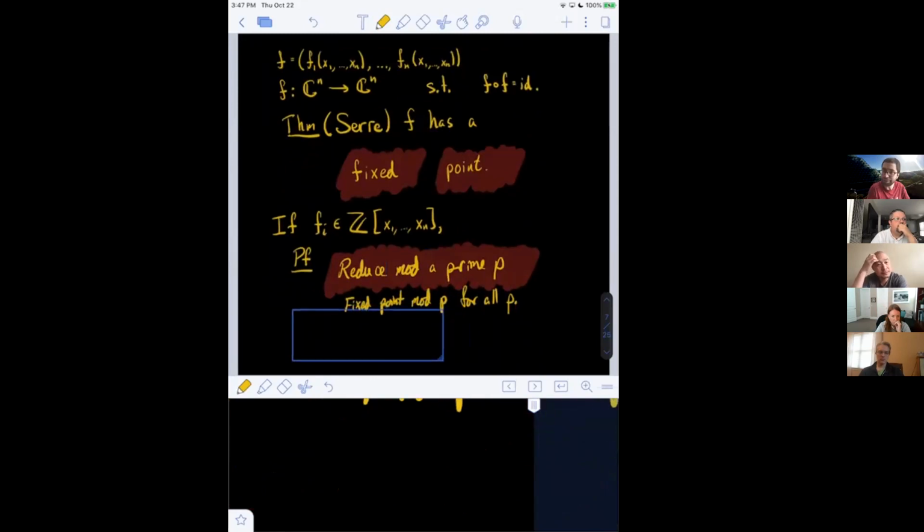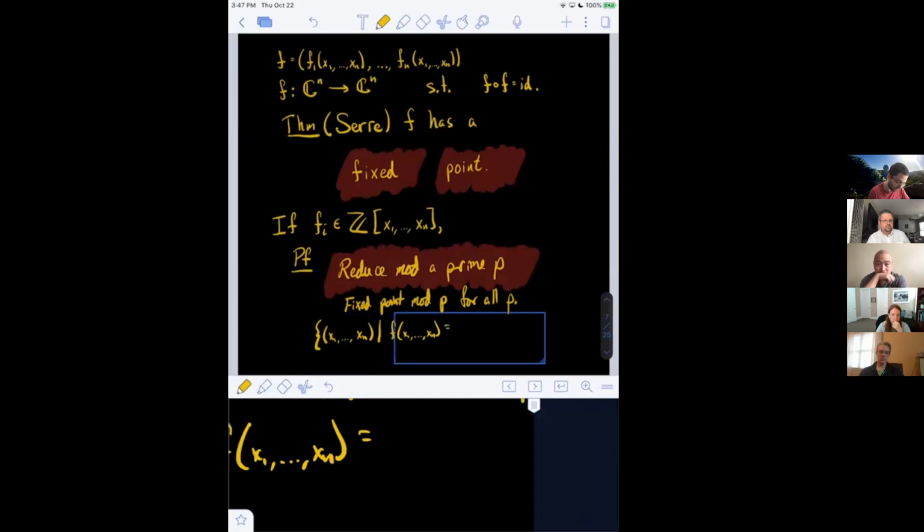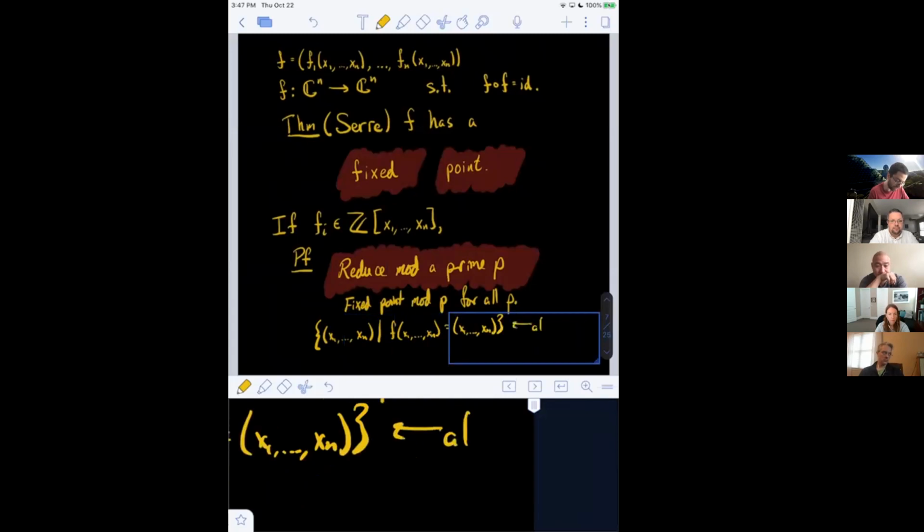Okay, so now what we can do is look at the set of fixed points. So let's look at the set of x1 through xn such that f of x1 through xn equals x1 through xn. So this is an algebraic variety, right?